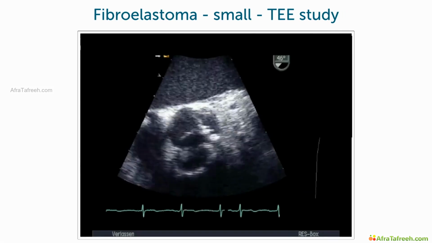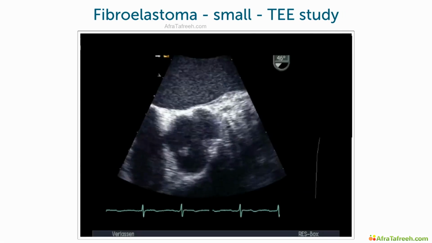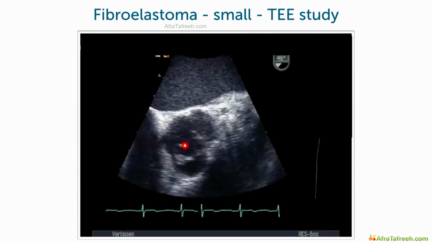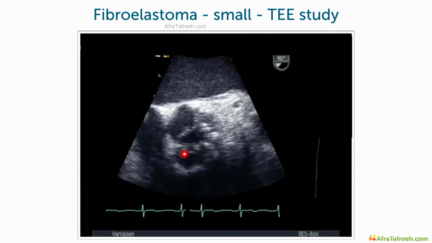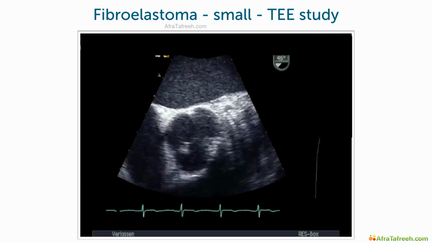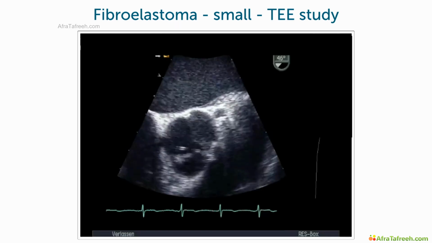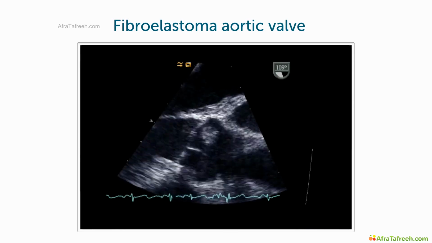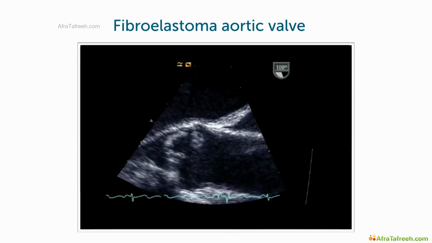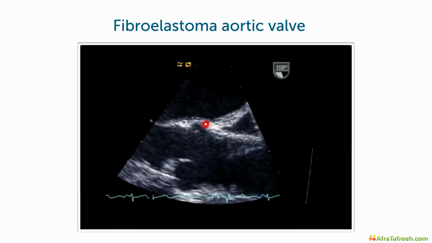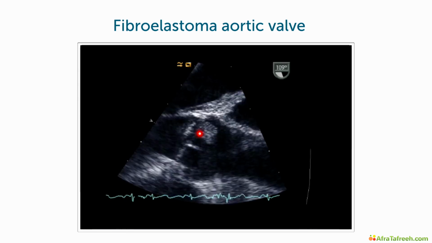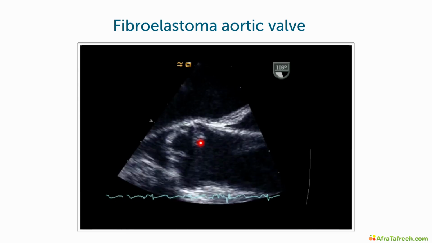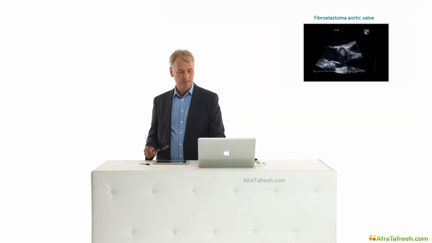You can nicely see it here on the right coronary cusp, right here. Small mobile structure. This mass is relatively, I would say, stable and not very mobile, opposed to this example right here. Again, a TEE study showing you a fibroelastoma which is a little bit larger than the one we saw before and a bit more mobile.